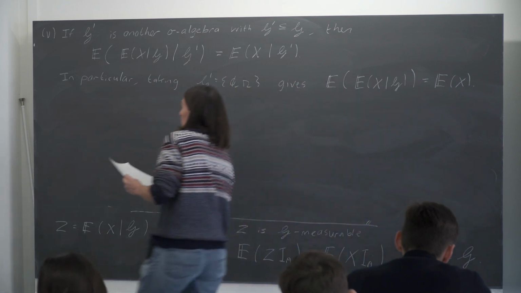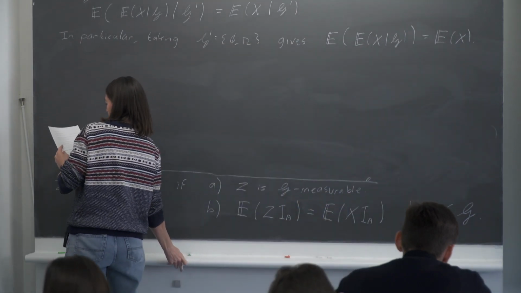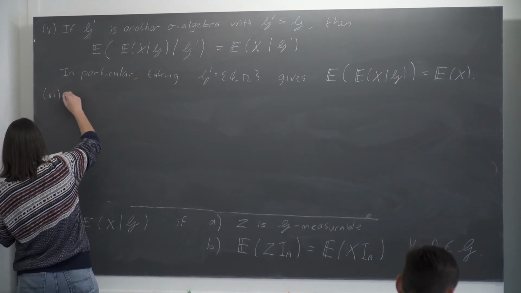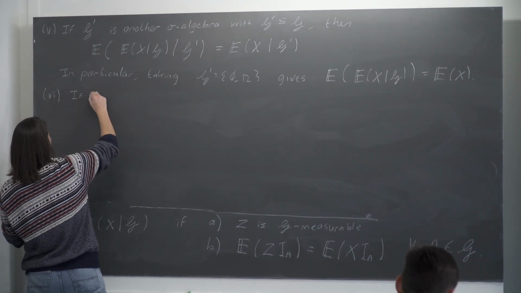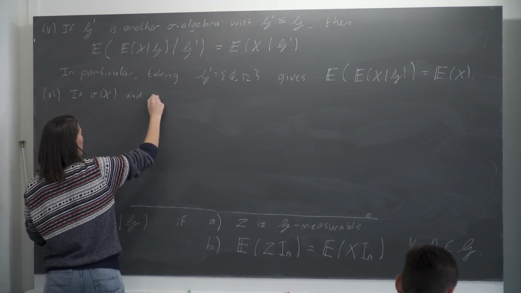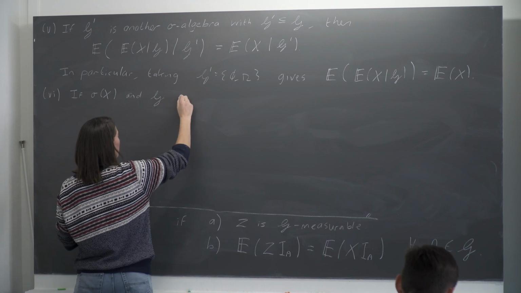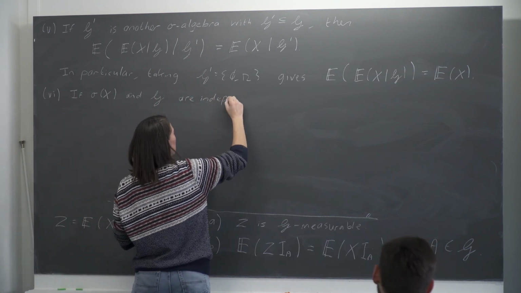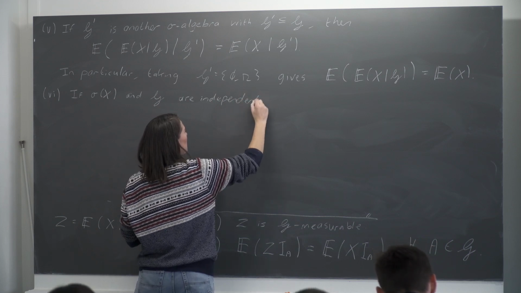And last one is if the sigma algebra generated by X and the sigma algebra G are independent, so what does that mean?